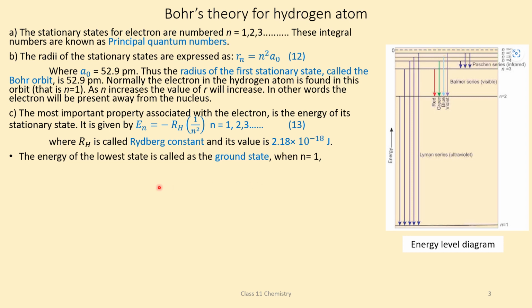The energy of the lowest state is called the ground state. That is, if we put the value of n equals 1 in equation 13, we get the energy of the lowest state, that is called the ground state. For example, E1, n is equal to 1, is E1 equals minus 2.18 into 10 to the power of minus 18.